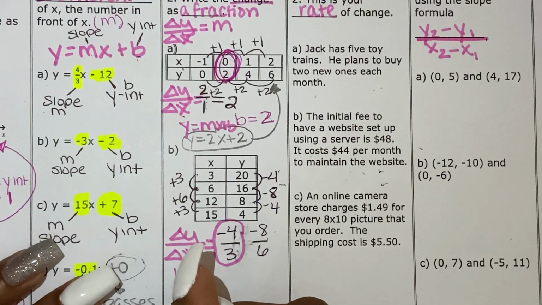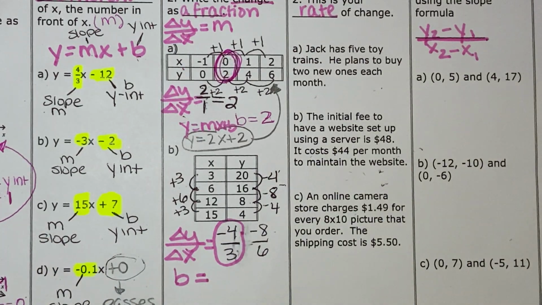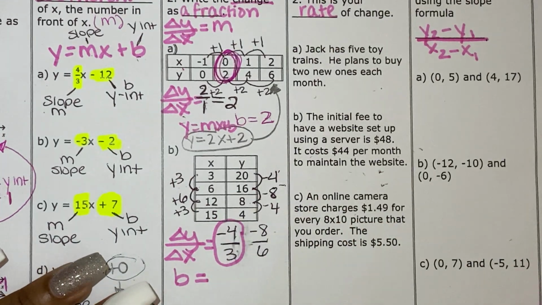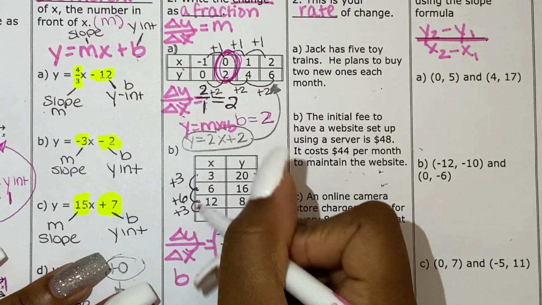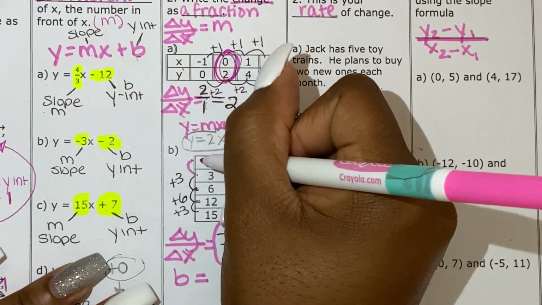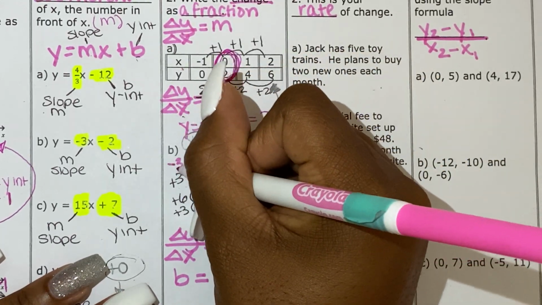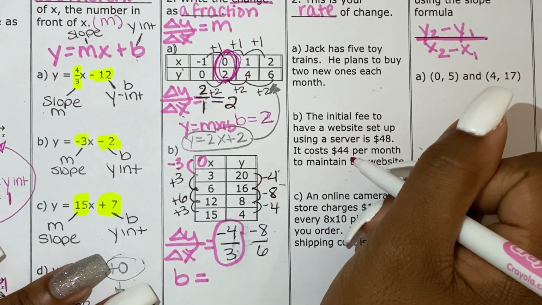To find your y-intercept, remember, you have to find where x is 0 and see what y is. But there's no 0 in this table, so we need to work backwards. Instead of doing plus 3 down the table, we need to do a minus 3 to get to 0, because 3 minus 3 is 0.